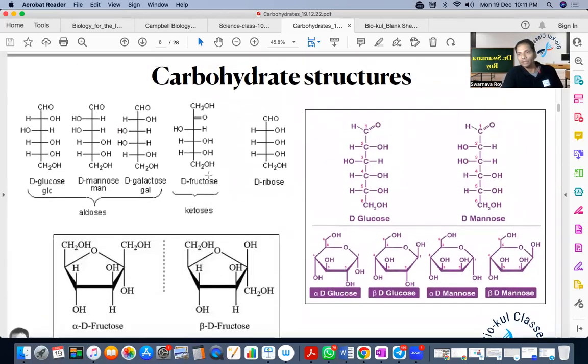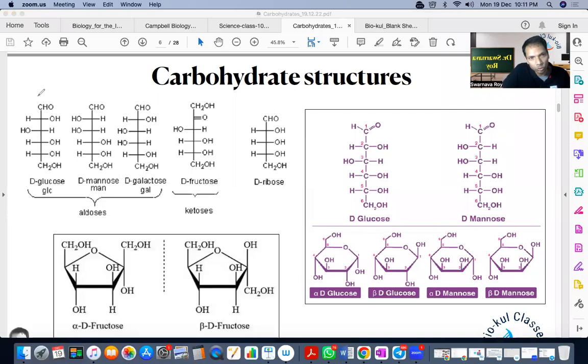Okay, we have different kinds of carbohydrates. We have glucose, we have galactose. When you look at glucose and galactose, glucose, this is carbon 1, this is carbon 2. You see the third carbon's hydroxyl is flipped on the left side. But if you look at galactose, the third carbon and the fourth carbon both have the hydroxyl flipped towards the left side.